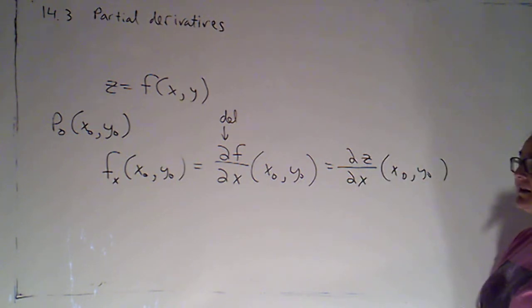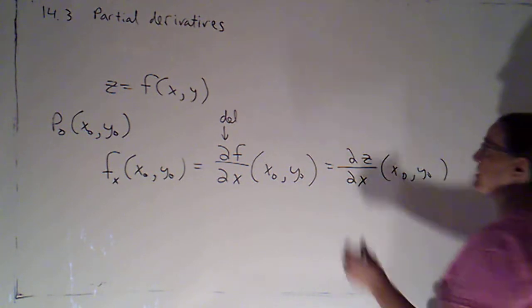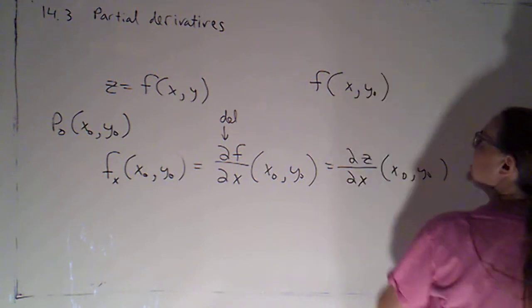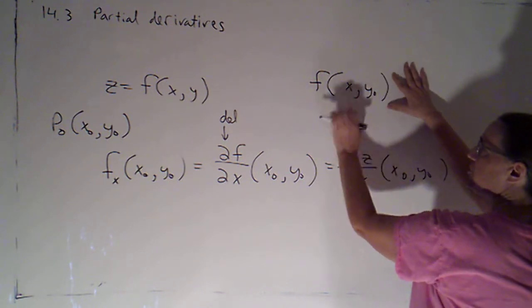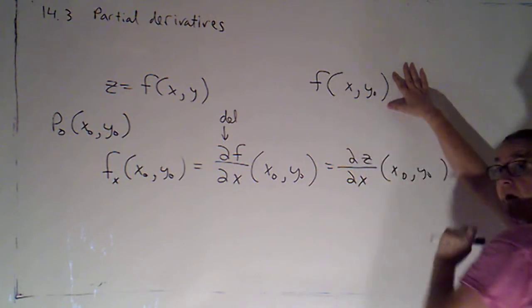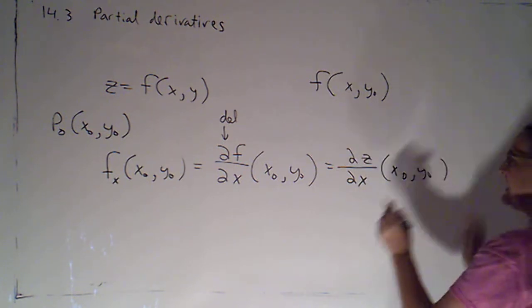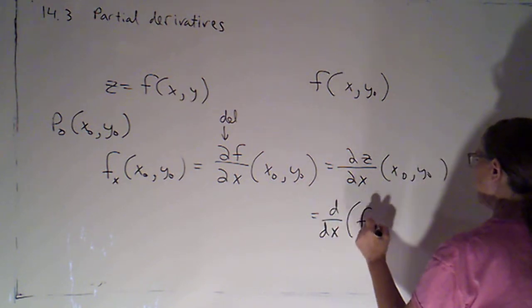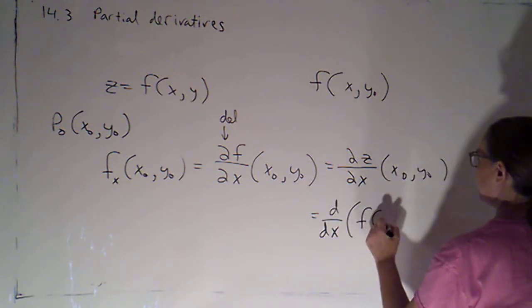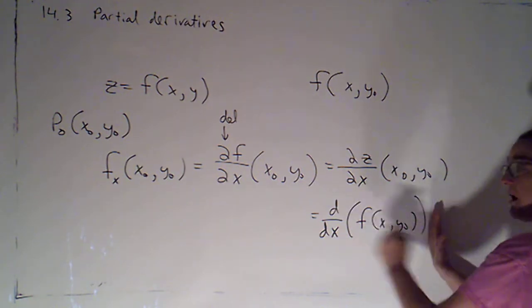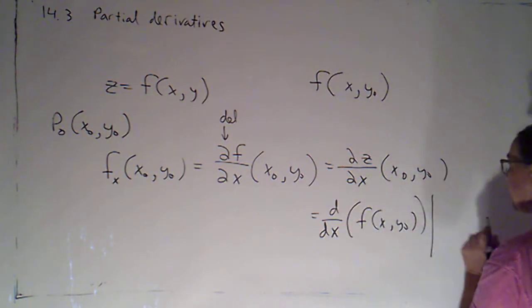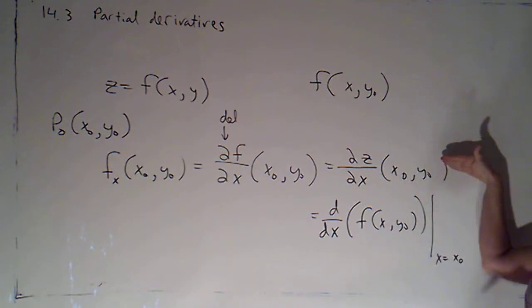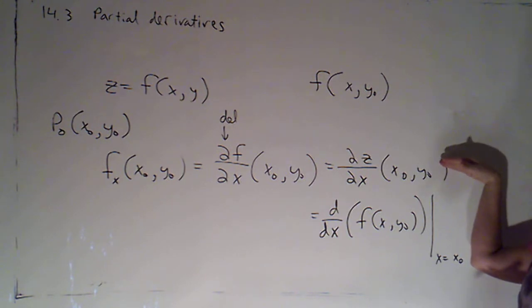So I can basically create this new function, f of x, y naught. That's now a function of just one variable because I'm holding my y value constant. And so we will say that if we take the full derivative of f of x, y naught, this function of one variable, and I evaluate that when x is equal to x naught, that's what the partial derivative at this point is.